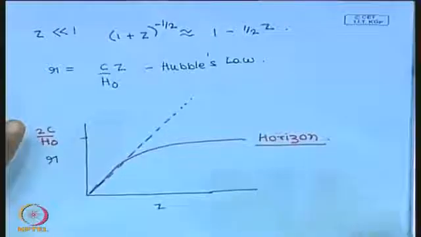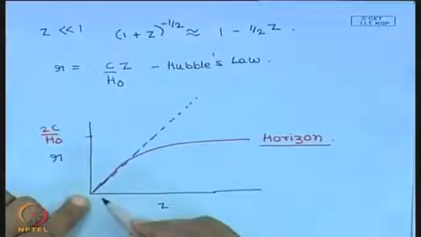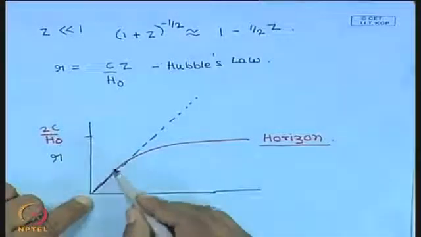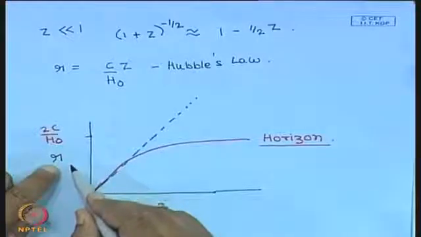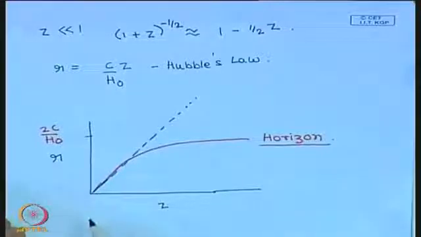Let me move on. Our interest here is in distances, and we have seen that in a cosmological model there is a furthest distance that we can see, and the way the comoving distance from which the radiation is coming changes with redshift has to be calculated using the formula which we have just derived.